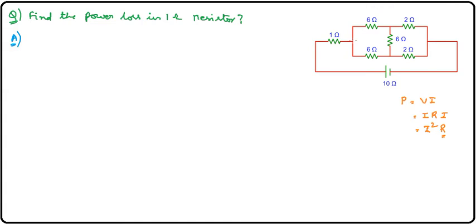Let these three terminals, this one, this one and this one, be capital X, capital Y and capital J. I want to follow the same convention we followed in the star delta connections. This is a delta connection, so it will be converted into a star connection in this manner.